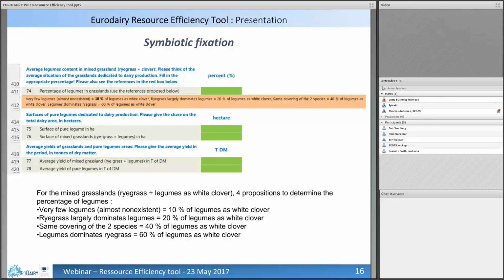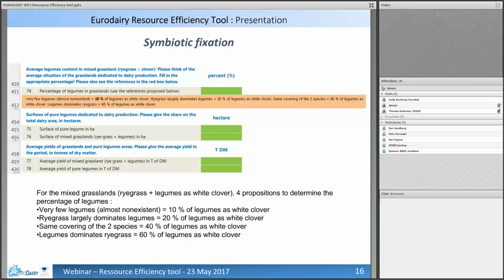So we propose 4 possibilities to determine the percentage of legumes in these mixed grasslands. If you have very few legumes, almost non-existent in the grasslands, you can consider that you have 10% of legumes as white clover. If ryegrass largely dominates legumes, you can consider that you have 20% of legumes as white clover.